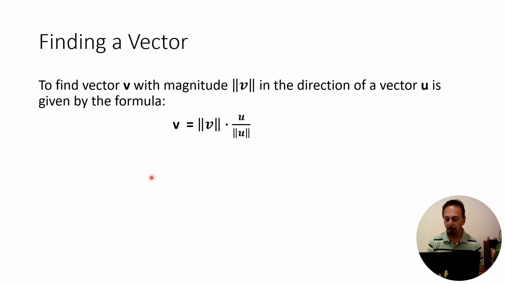So to find a vector in the direction of another vector, all you have to do is take the magnitude of the given vector and the vector in whose direction you want to find the vector, and convert that into a unit vector.